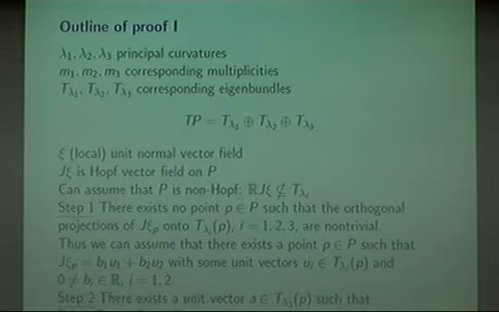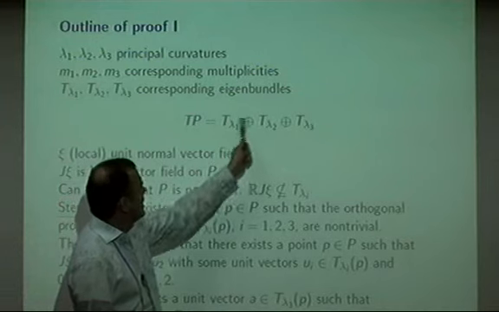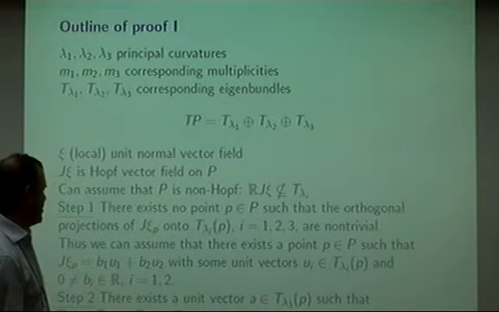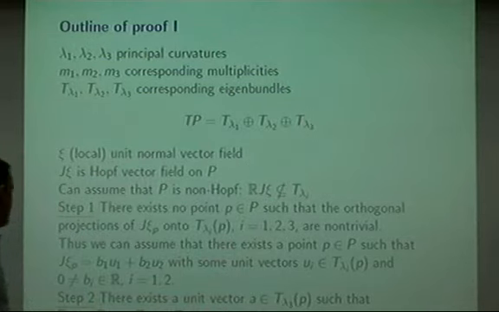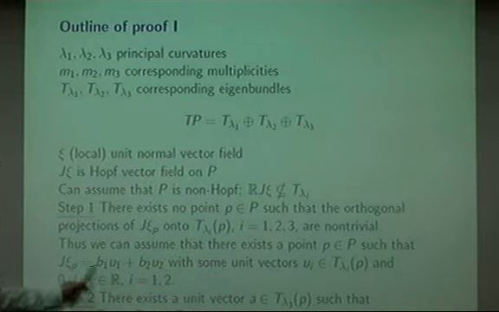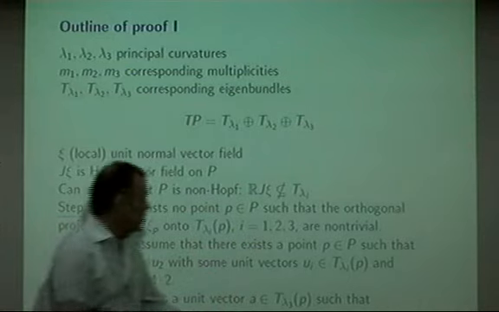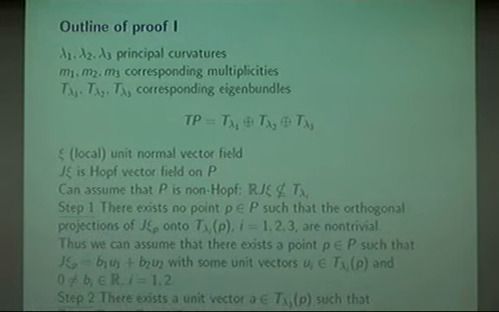The second step is one can show that, if we assume that J psi lies in here, there exists a vector A in the third eigenspace, so that when we take all these vectors together, A, u1 and u2, and we add the normal vector, we get a complex subspace of the tangent space.